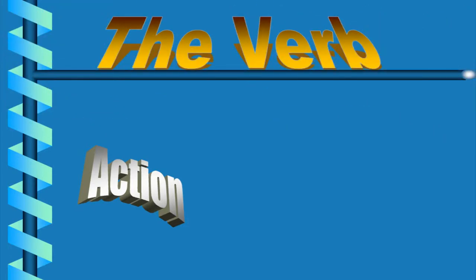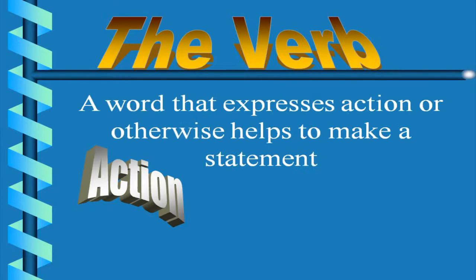The next is the verbs. A verb is a word that expresses action or otherwise helps to make a statement. Verbs have tenses: present, to indicate that an action is being carried out; past, to indicate that an action has been done; future, to indicate that an action will be done.